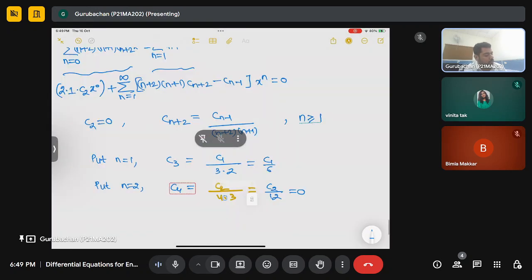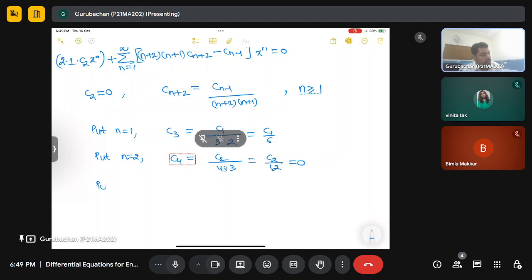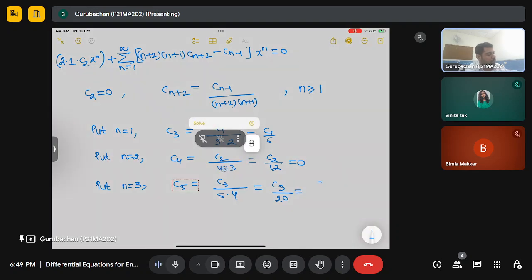Put n equal to 3, C5 will be C2 divided by 5 into 4, which will give us C2 by 20, and putting the value of C2, it will be 0.